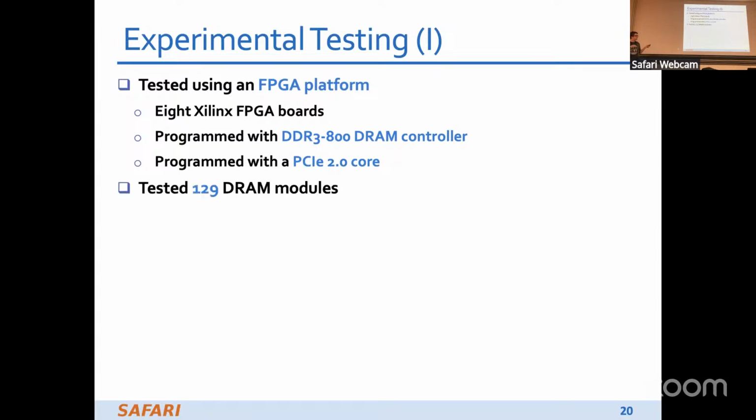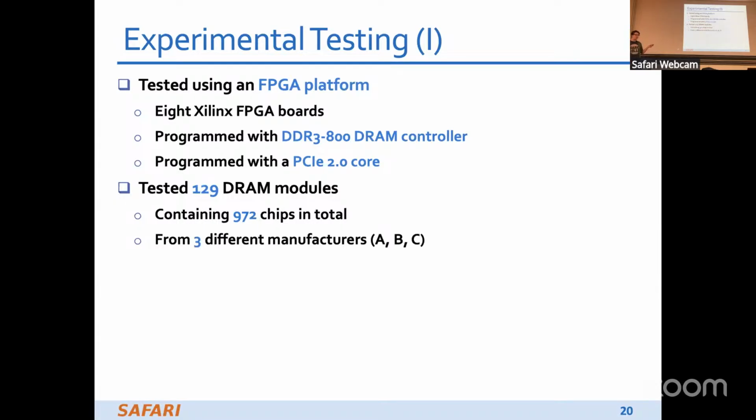And they have tested 129 DRAM modules containing 972 chips in total from 3 different manufacturers. The manufacturers will further be referred to as manufacturers A, B, and C because of anonymization. And they have used manufacturing dates varying over 5 years. So all of these modules are DDR3, but produced over a span of 5 years to ensure that it wasn't just an isolated incident again.